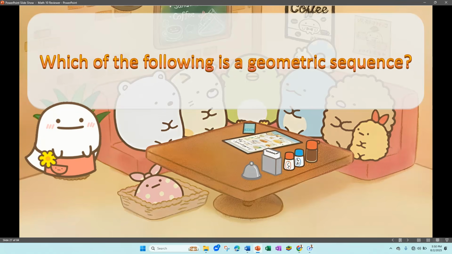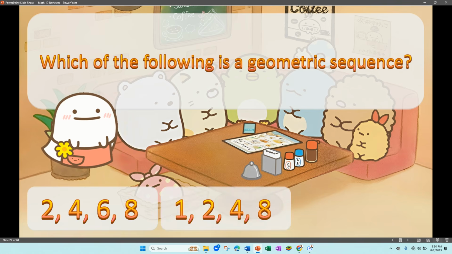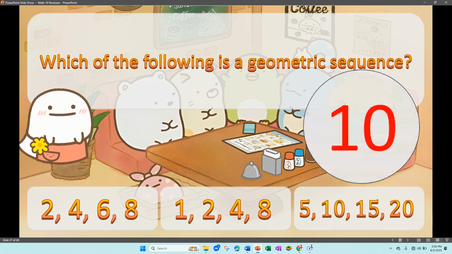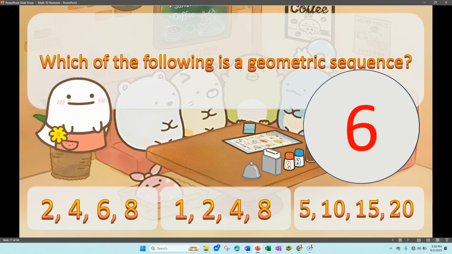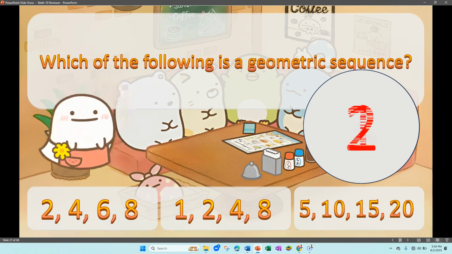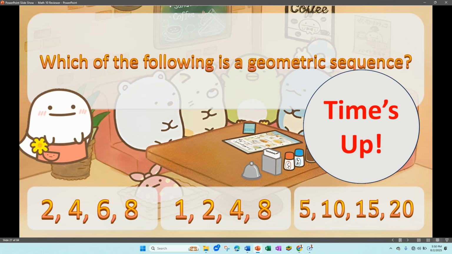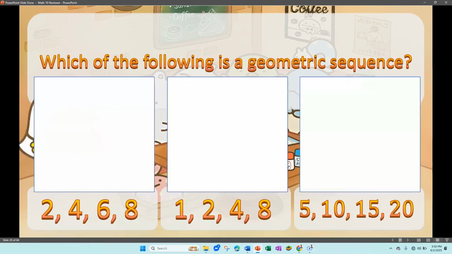Which of the following is a geometric sequence? 2, 4, 6, 8. 1, 2, 4, 8. Or 5, 10, 15, 20. 10 seconds, go. Now, when we say geometric sequence, what we look for is the common ratio. To get the common ratio, we divide the last term by the previous.